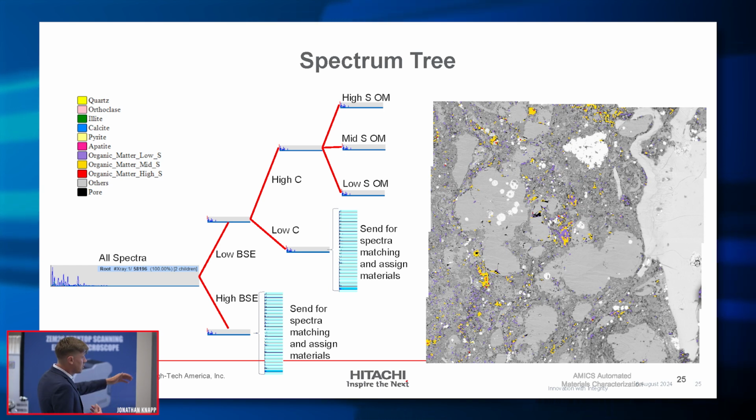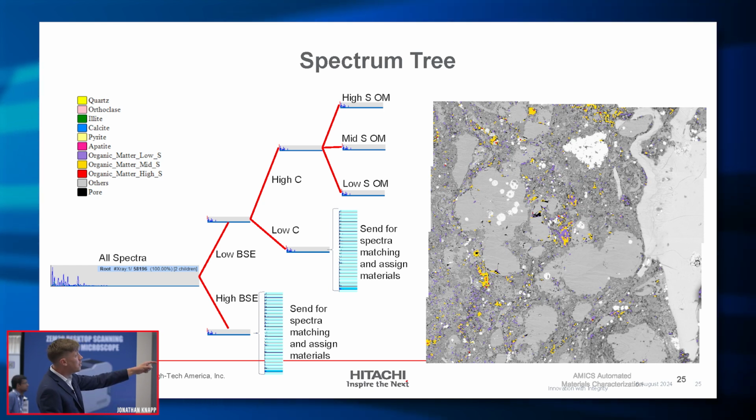And so you can see we start with all spectra. We then do a segmentation based on the BSE, and anything that's not organic matter or not BSE, we're going to send over for best match matching. Then we go up to low C versus high C, and that's an elemental split, and we send everything that's low C for spectral matching.